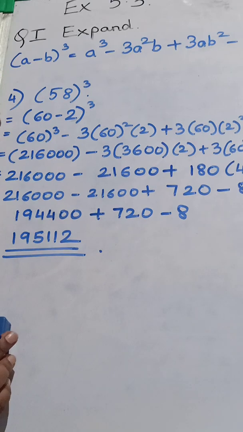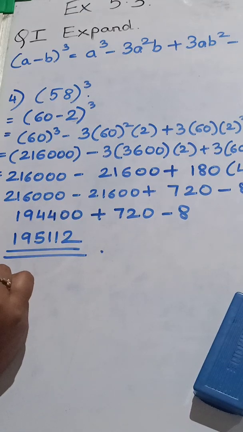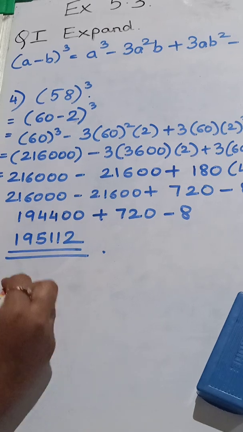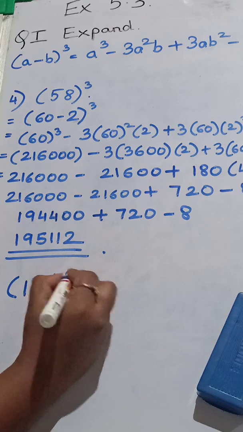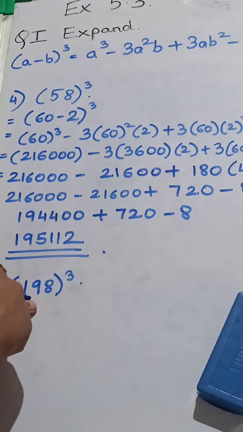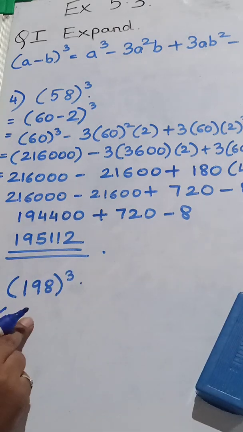Okay. So I want you all to copy this sum in your notebook. And the next sum that is there, that is the fifth sum. Okay. So the fifth sum that is there, that you all are going to do for your homework. And the fifth sum is 198 cube. 198 cube means, here I will just tell you the formation that you all will take.